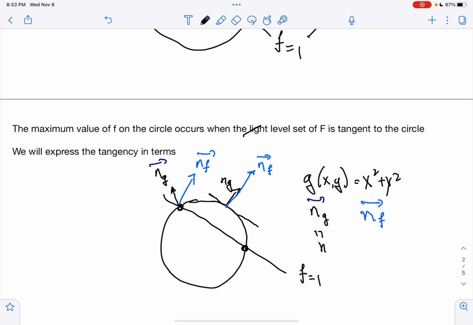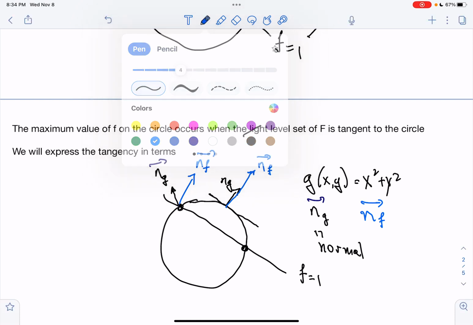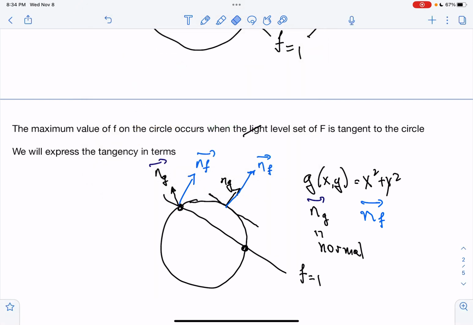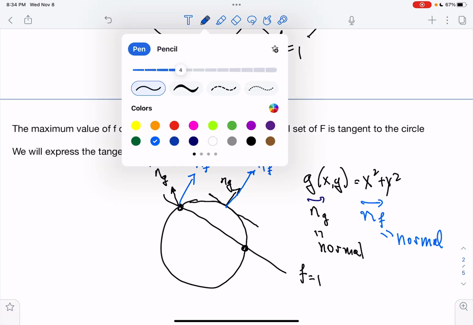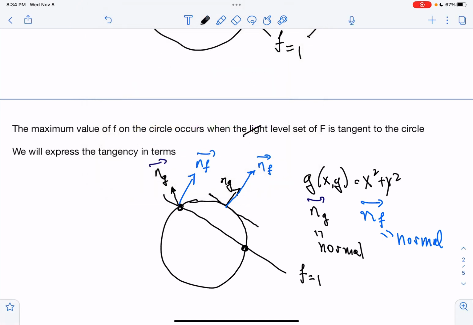NG is the normal to the circle, and NF is the normal to the tangent line. At this first line, those vectors are pointing in very different directions. For the circle, the perpendicular is at 90 degrees to the tangent line.